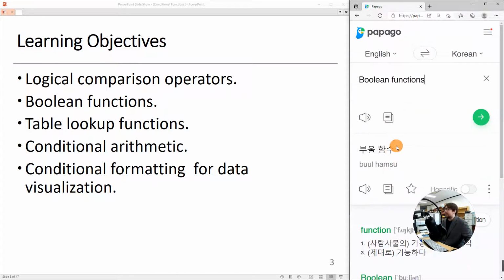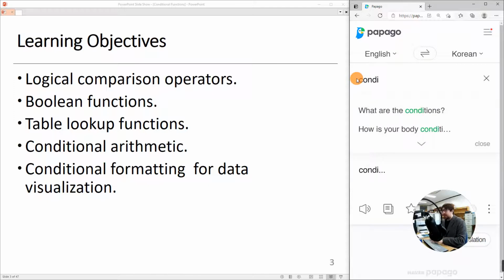So then I will talk about table lookup functions. Table lookup functions are very useful if you work with large tables and if you are looking for some information in these tables. So then I will talk about conditional arithmetic.